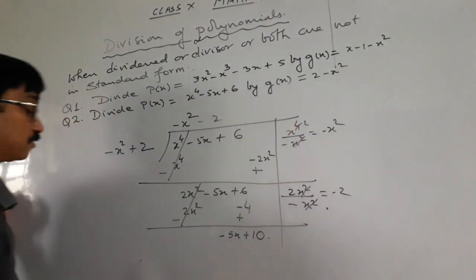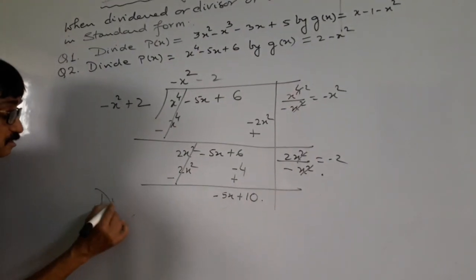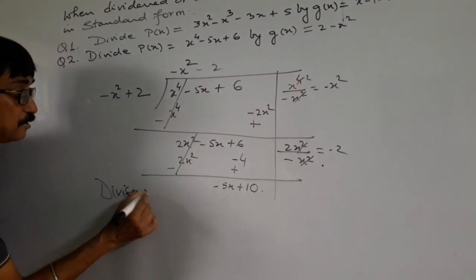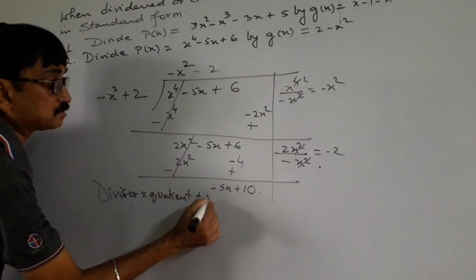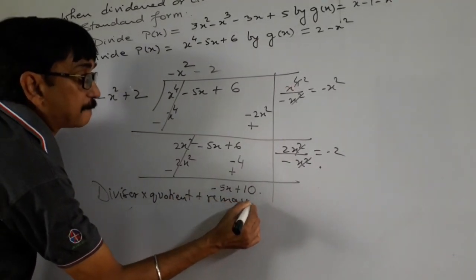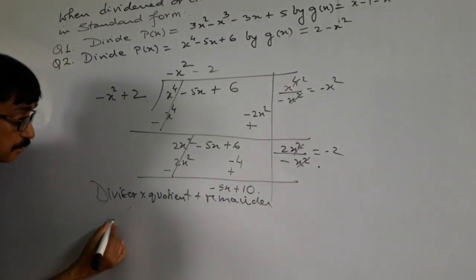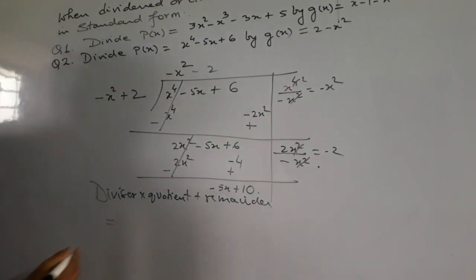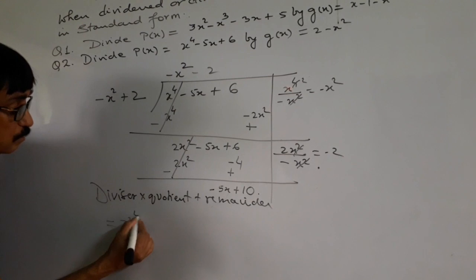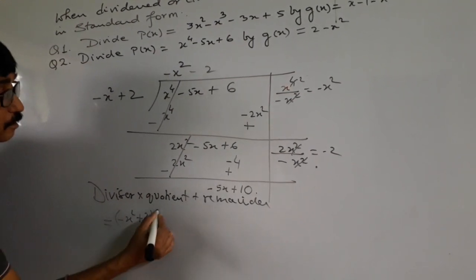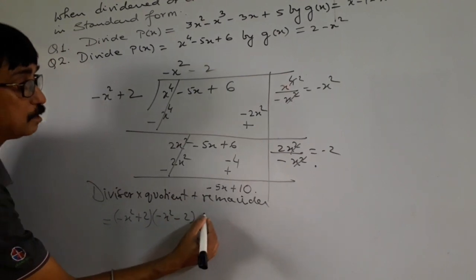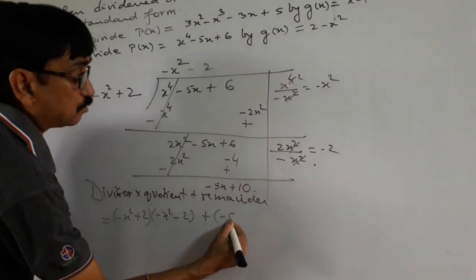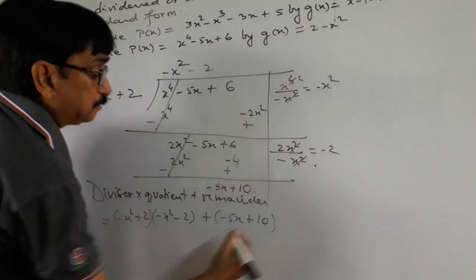Now we can start our verification. So divisor into quotient plus remainder, that equals the divisor minus x square plus 2 and the quotient minus x square minus 2, plus minus 5x plus 10.